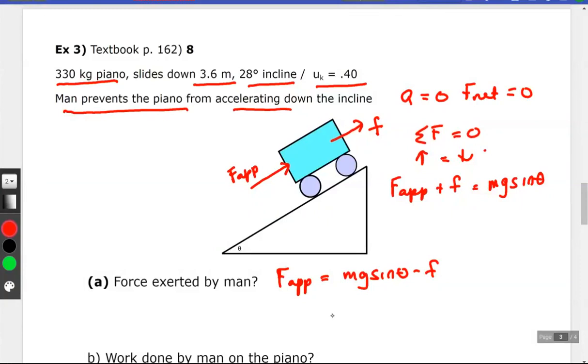So friction is, well, first of all, mg sine theta minus, now what's friction on the ramp? Mg cosine theta, the normal force, times mu. So F applied, whoops.